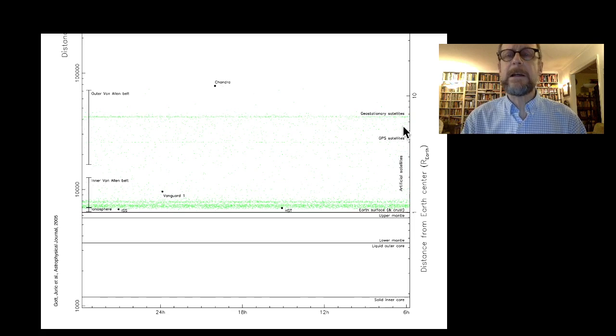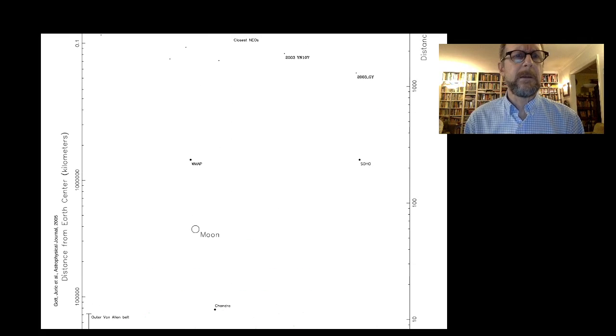So I'm going to pan up here in a moment. These are geostationary satellites. These are the higher orbiting satellites around the Earth that are used for like weather satellites, so they're always looking down at the same spot on the Earth. So let me pan up, and the right-hand side on the scale here is always going to be measured in Earth radii. So the moon, for instance, is at about 60 Earth radii from the center of the Earth.